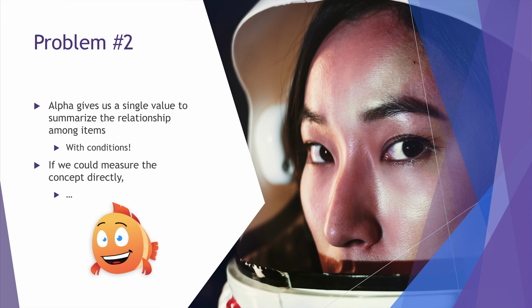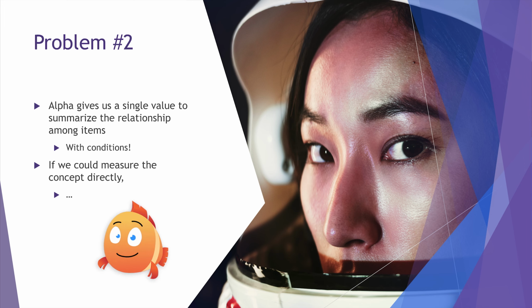So alpha gives us a single value to summarize the relationship amongst our items. Now, it does this with very clear conditions. It works if we have only one consistent pattern. That's the condition.